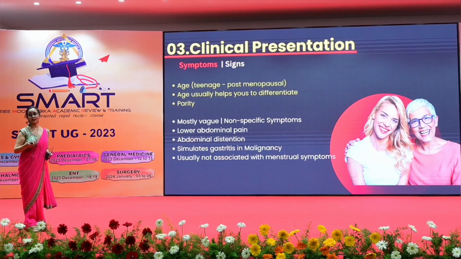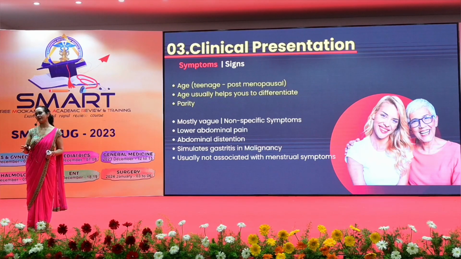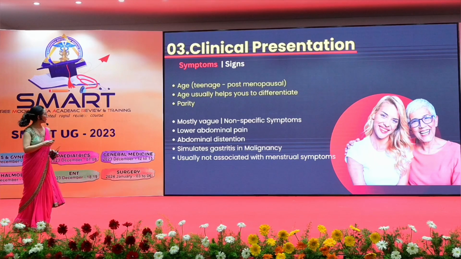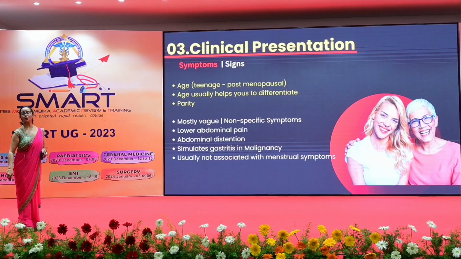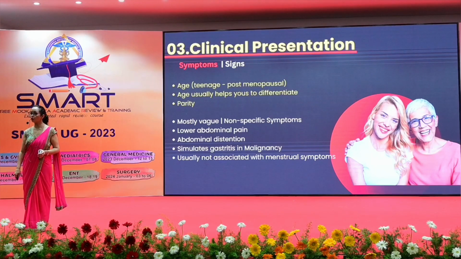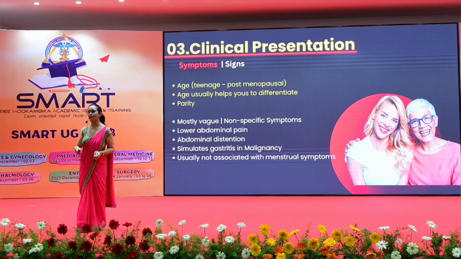Now, a very important thing. The problem with adnexal masses is that they do not have a specific symptom. Symptoms are very vague. Most of the time, except for endometriosis or chocolate cyst, most of them are not associated with any menstrual abnormality.